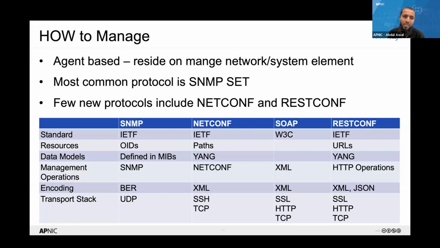So for SNMP, there are standards and relevant information, NETCONF as you can see, but SOAP, or Simple Object Access Protocol, is not really a very good standard protocol because it doesn't have any data model.